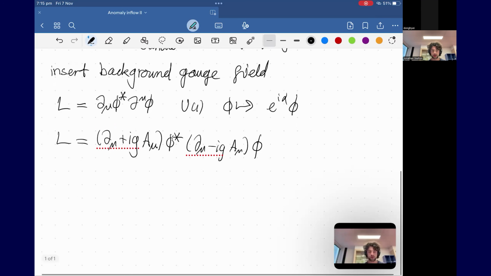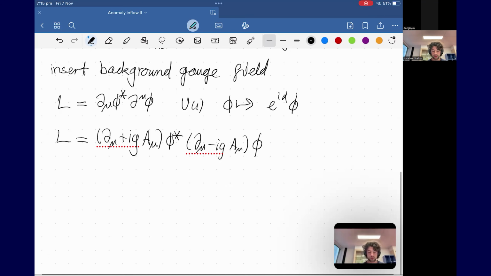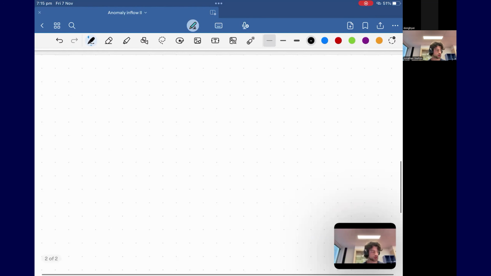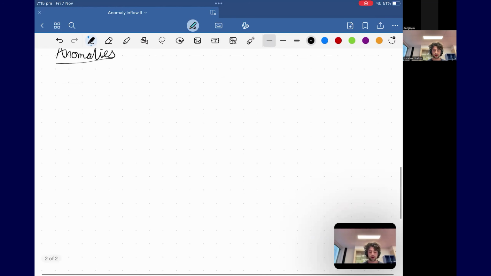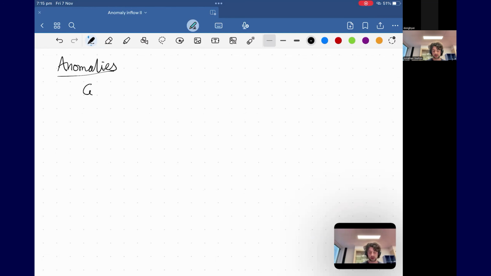So with any gauge symmetry, we have the potential for it being anomalous. In essence, in this construction, the total symmetry group might be G and H, where G will be some gauge symmetry, and then H will be some residual global symmetry.